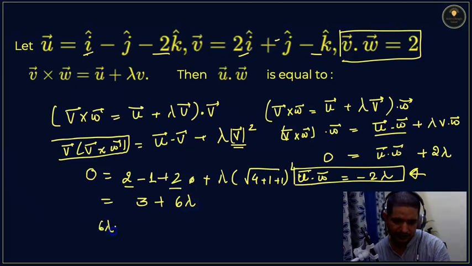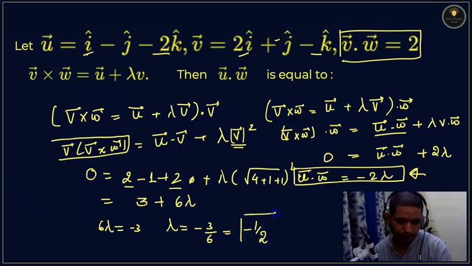So you get 6 lambda is equal to minus 3, and the value of lambda is minus 3 by 6, which is minus 1 by 2.